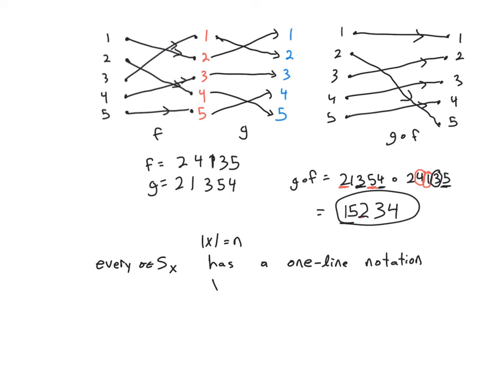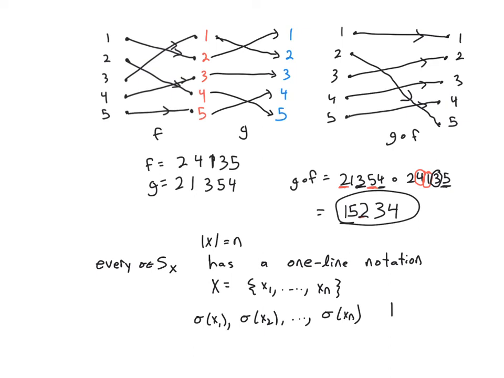Namely, if you decide to list the elements in x in some order, then you could always define the one-line notation to be the sequence sigma of x sub 1, sigma of x sub 2, up to sigma of x sub n. And you can define that to be the one-line notation, like we've been doing.